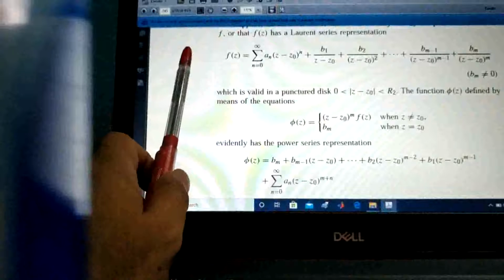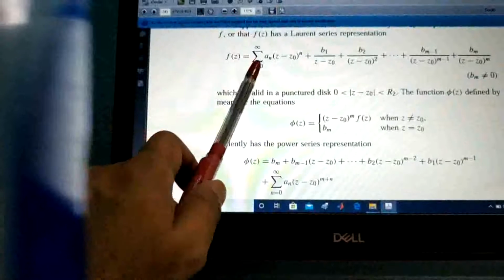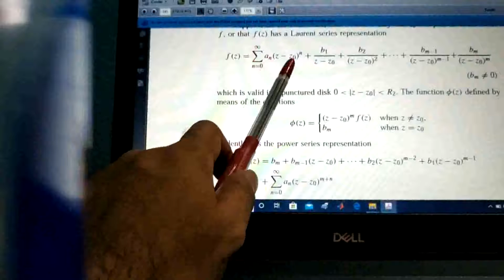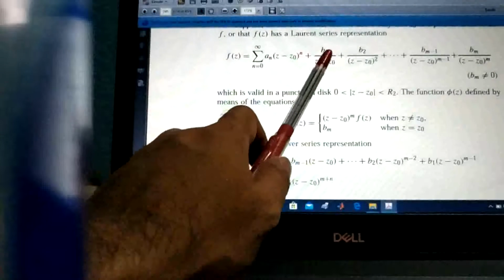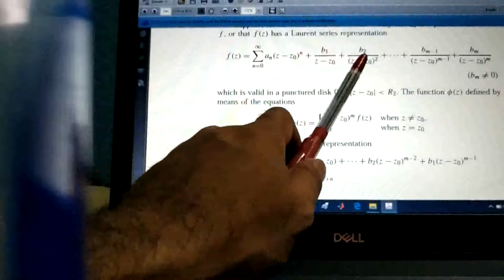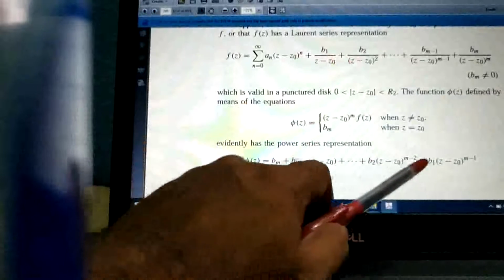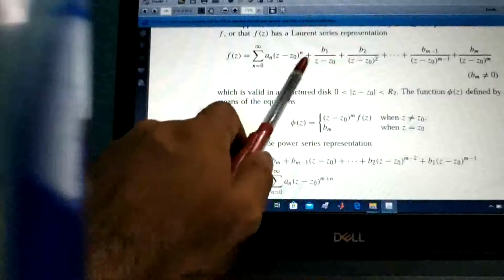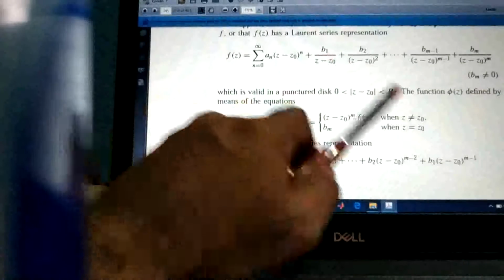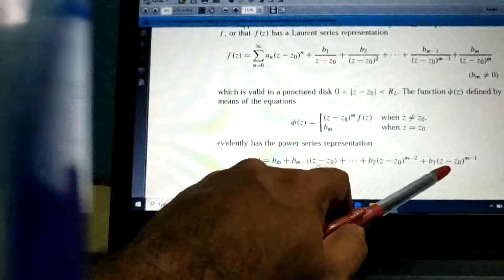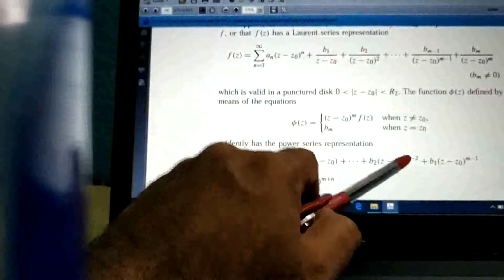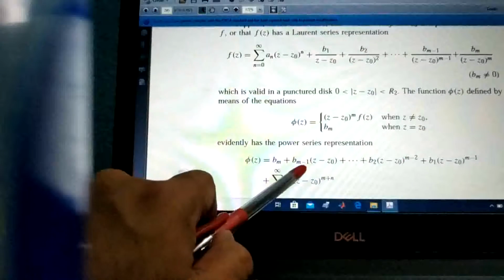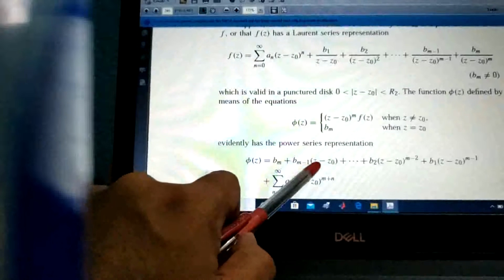So phi of z equals the series an into z minus z naught whole to the power n plus m, b1 into z minus z naught whole to the power m minus 1, b2 into z minus z naught whole to the power m minus 2, and here bm minus 1 into z minus z naught, and here bm.